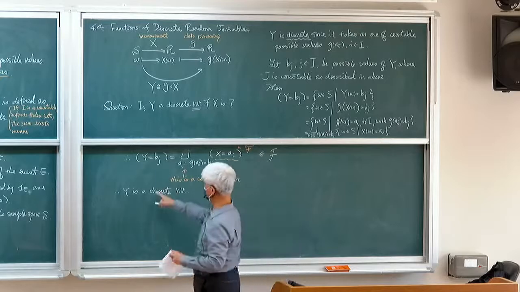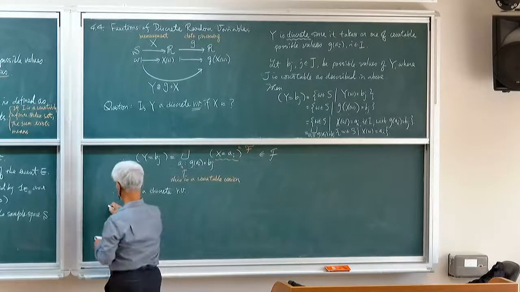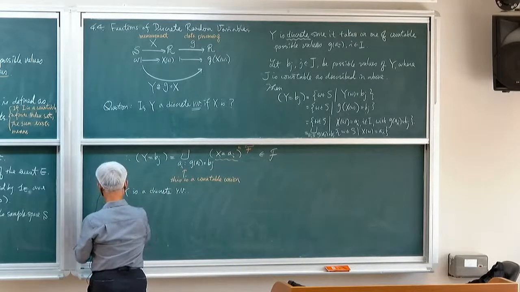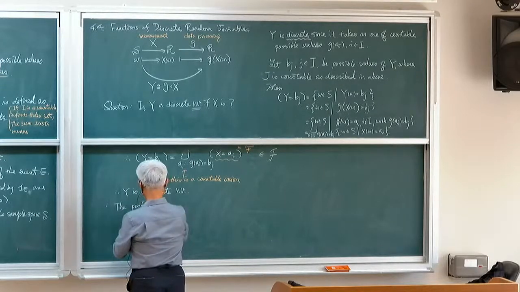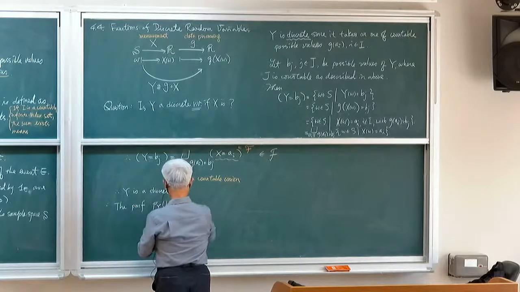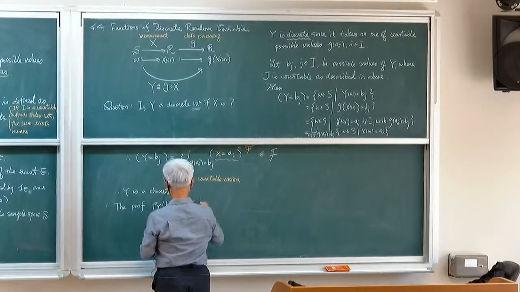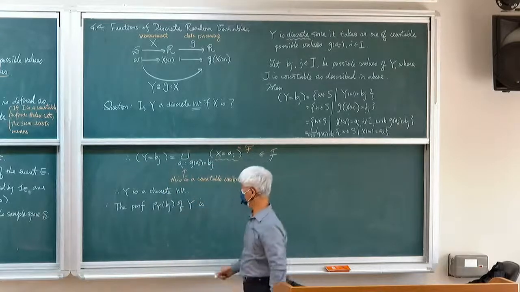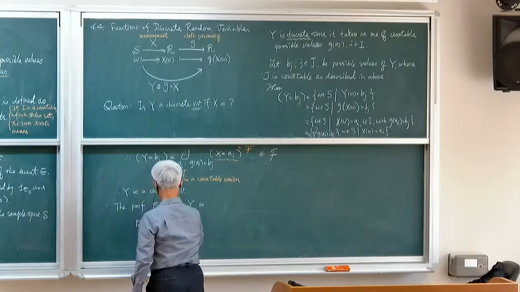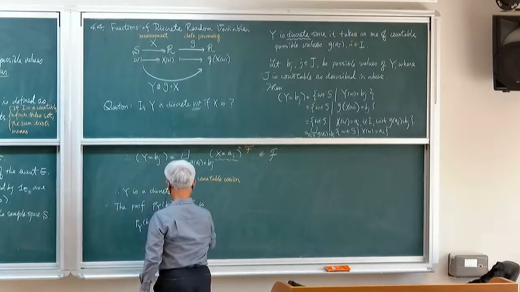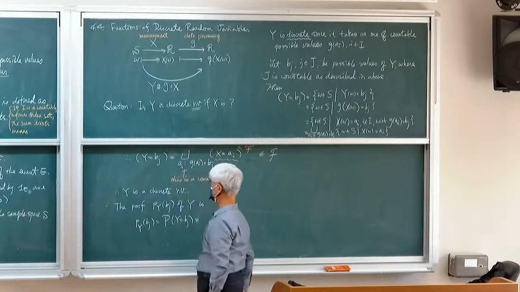And because it's a discrete random variable, we can define the PMF, we call it p_Y of b_j. So now we can compute the PMF of y, which is just P of y equal to b_j by definition, right?